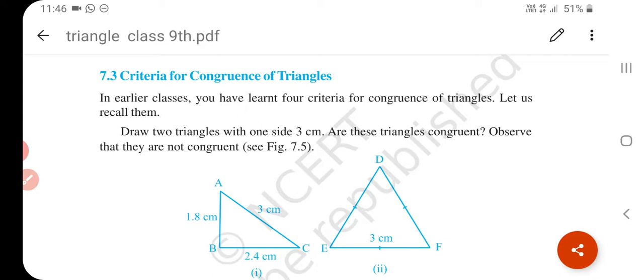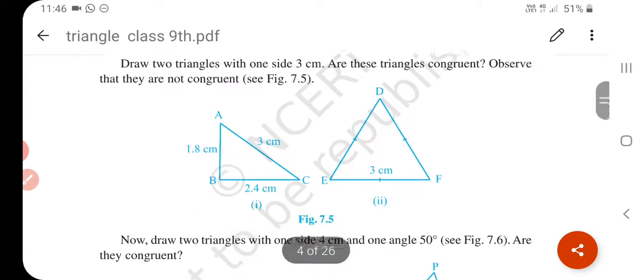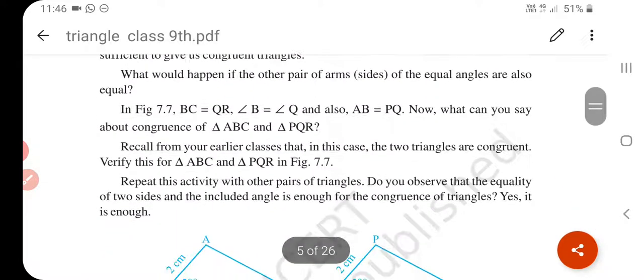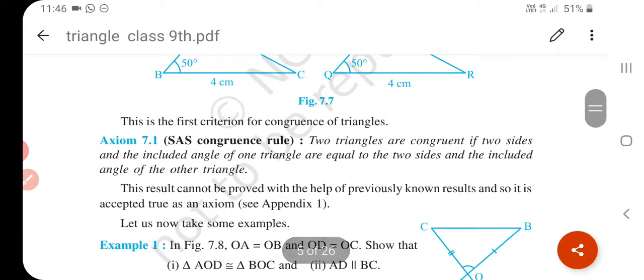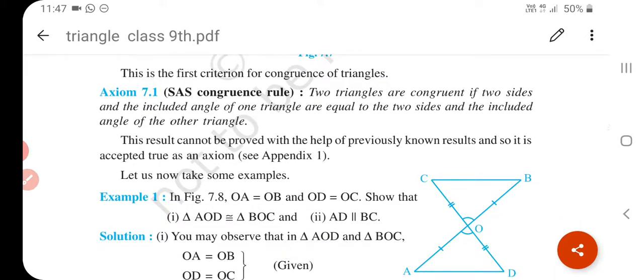So first is what is in your book first, that is the SAS congruence rule, or you can say the SAS axiom of congruency. So what is the axiom?